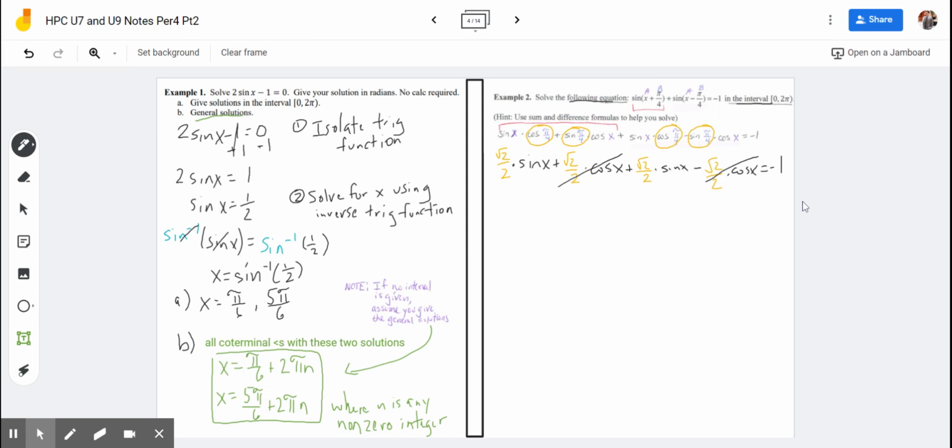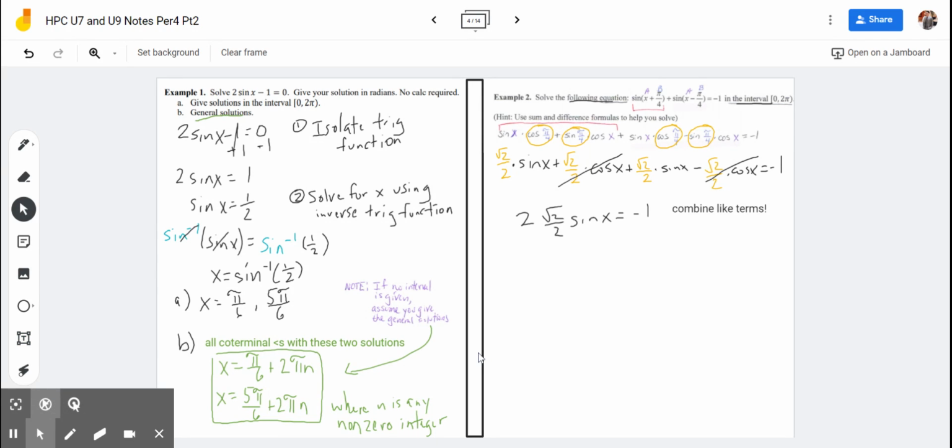And what we have left here is radical 2 over 2 sine of x plus another radical 2 over 2 sine x. So we basically have 2 of the radical 2 over 2 sine x's, and they're equal to -1. So all we're doing essentially here is just combining like terms.